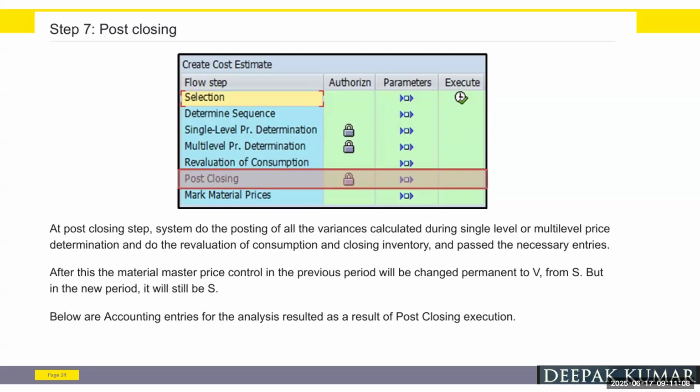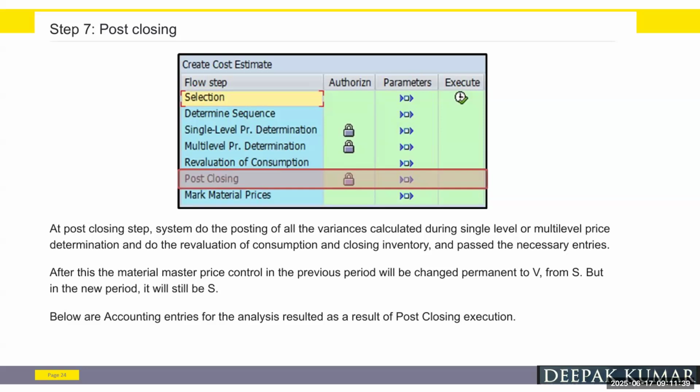In the next month, all goods movements happen at S only. Only when we are doing post closing, at that time it will do, to calculate the weighted average price for the whole month. This is a standard SAP step. We can't change this.